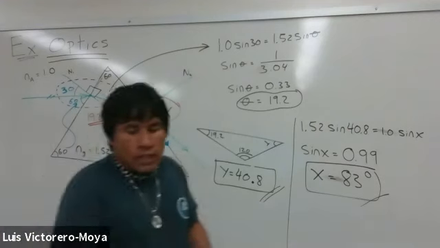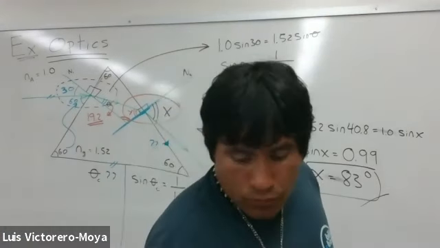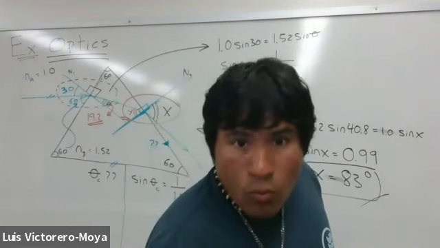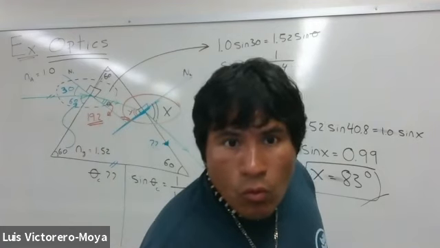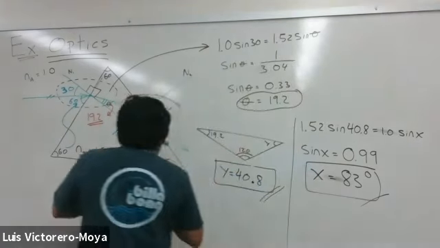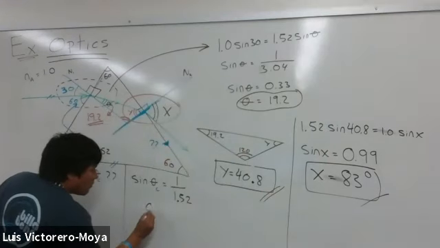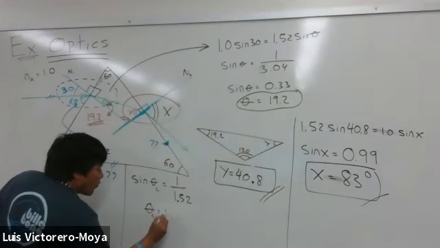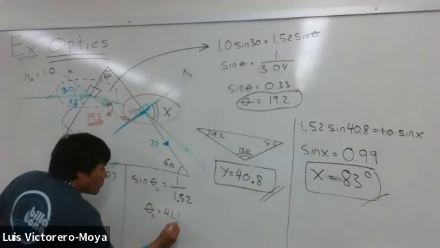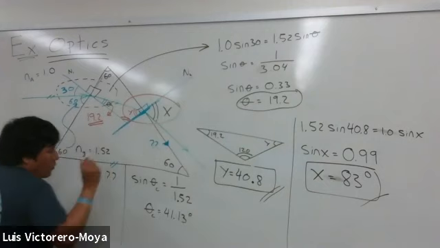That's what you will do. And let's take a look. 41.13. So the critical angle is 41.13 degrees, or 0.1 degrees.